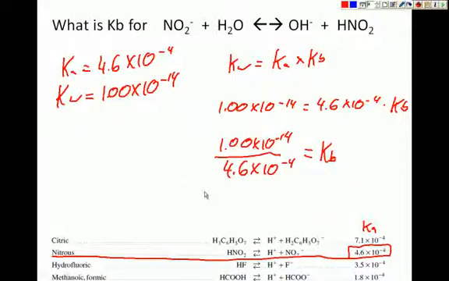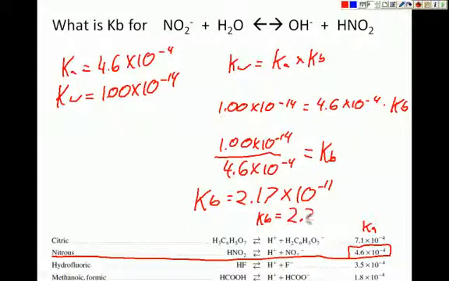And therefore, Kb, I've already solved this problem ahead of time, and Kb equals 2.17 times 10 to the minus 11. Now again, since this is two significant figures, our final answer is Kb equals 2.2 times 10 to the minus 11.